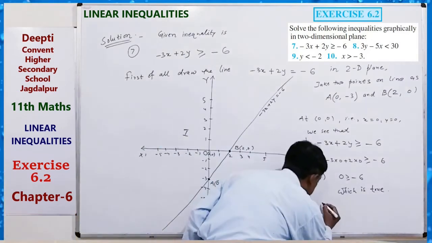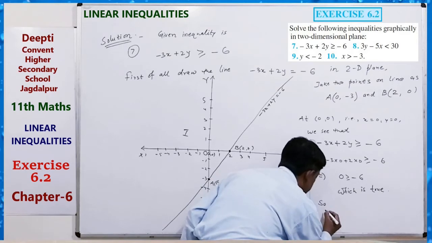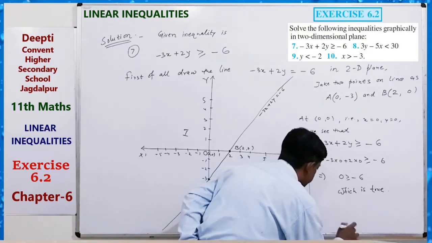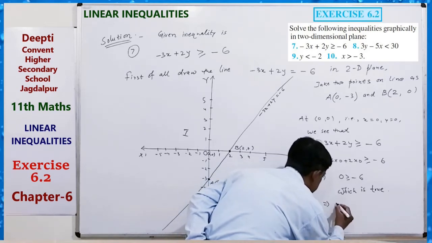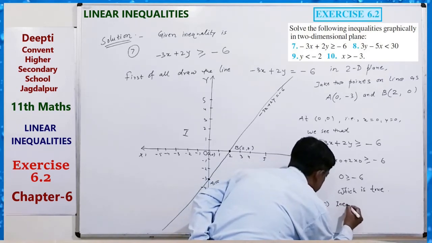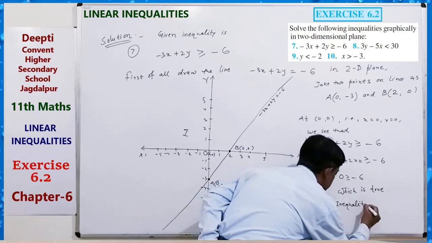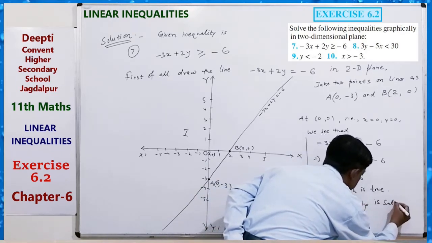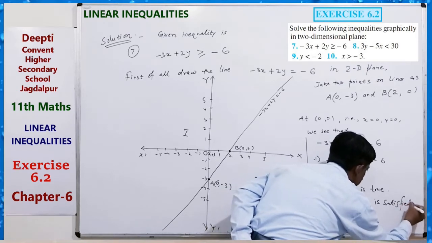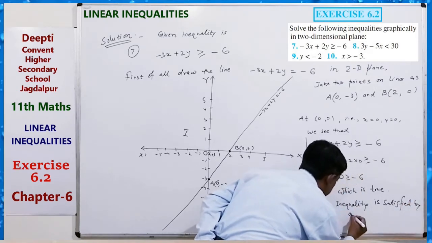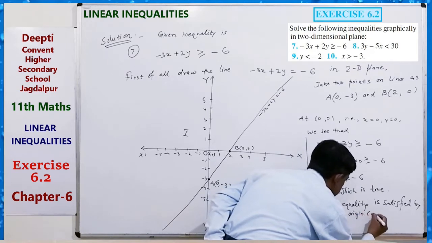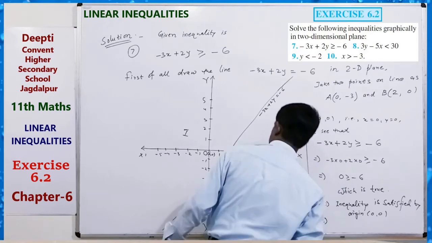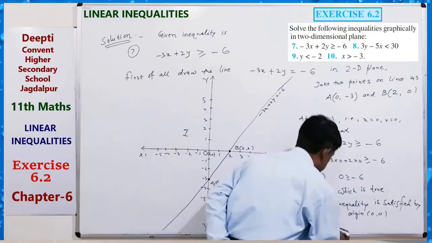So the inequality is satisfied by the origin, that is (0, 0). This implies the origin lies in the first part.